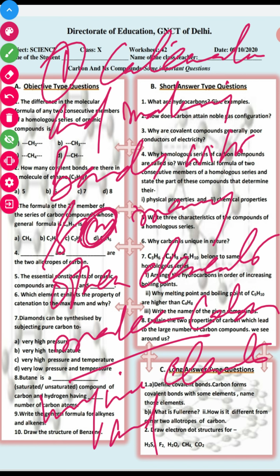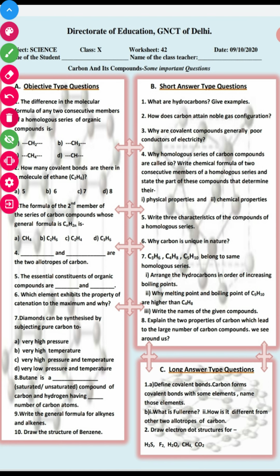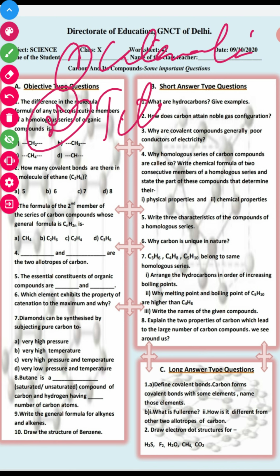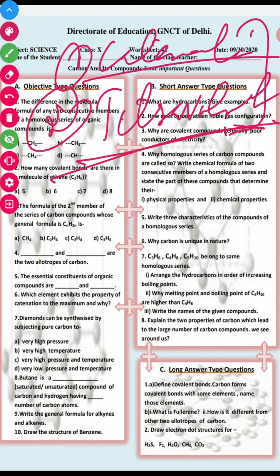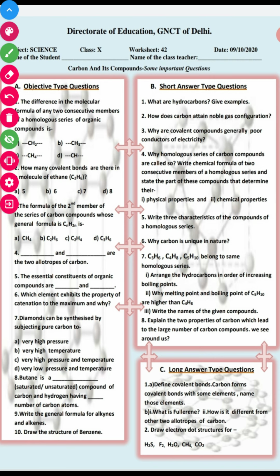Also you can write two properties: first is catenation and second is tetravalency. Because of the catenation and because of the tetravalency, carbon makes so many compounds. Carbon makes bonds with so many elements and shows its unique property.